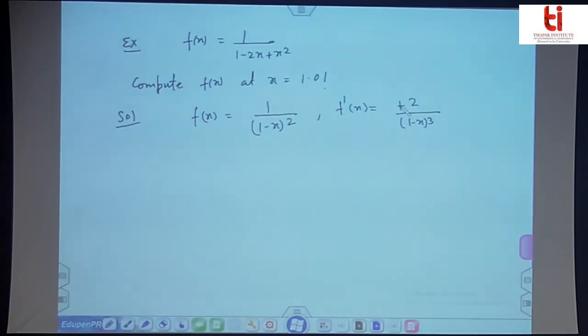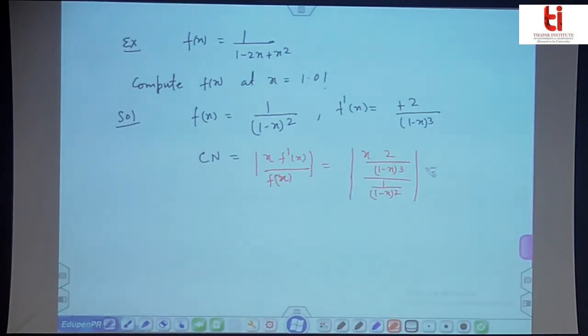It is plus. Okay. And condition number is what? Condition number is mod of x f'(x) upon f(x). x f'(x) is what? That is 2 upon (1 minus x) whole cube, upon 1 over (1 minus x) whole square.